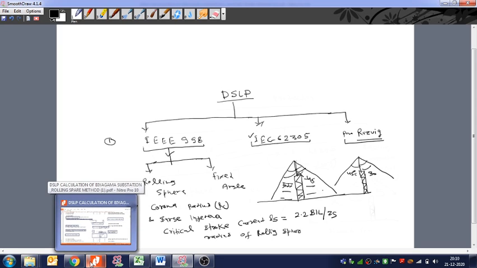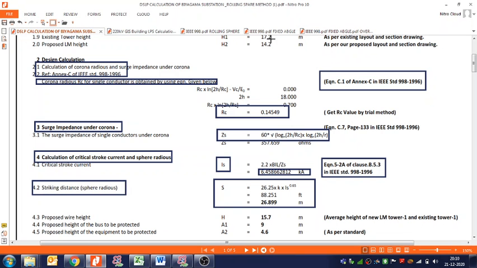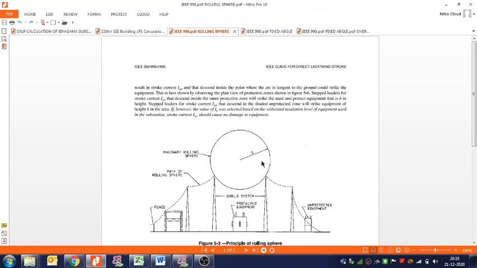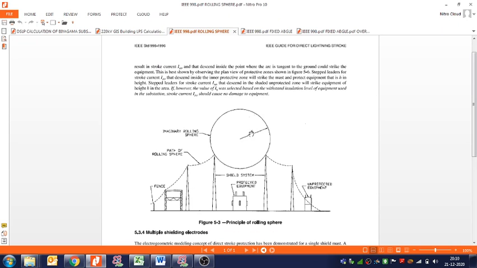So again let us see the IEEE applicable clause. So this is the striking rolling sphere, and there this rolling sphere radius we calculated. We roll this sphere through the substation, going up and over the shielding electrodes. This is my shielding system here, here, here and here.